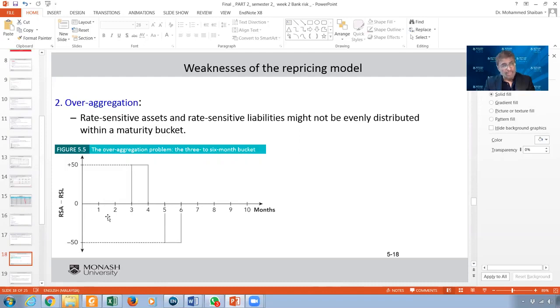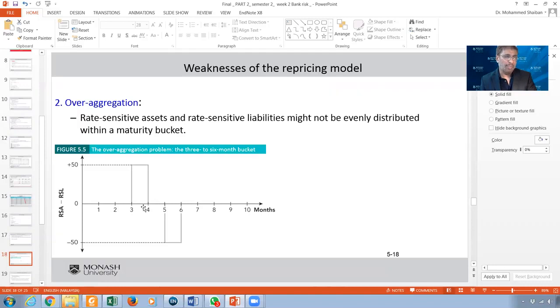While actually inside, because you have 2 months of minus 50 and 2 months of plus 50, we are coming back to risk-sensitive assets minus risk-sensitive liabilities of 6 months. The gap is 0. While actually during the months, if there are changes, because of these maturity horizons, it doesn't take into consideration what's happening in the months.